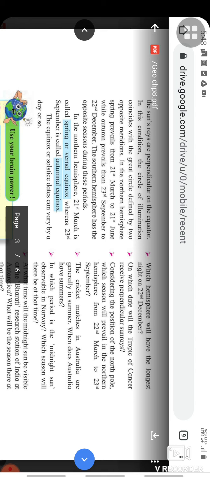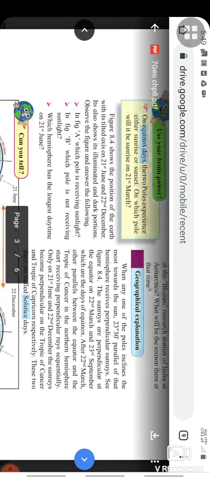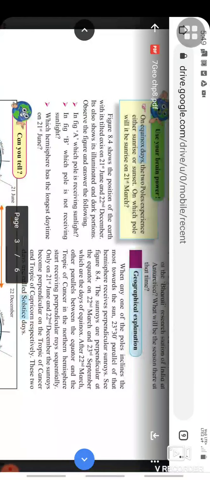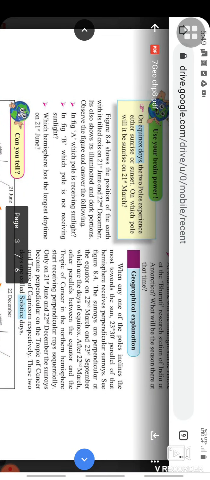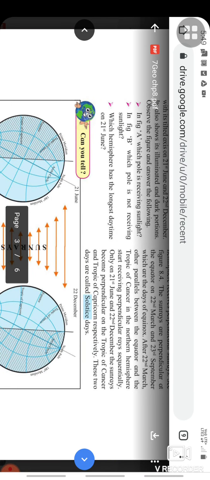For the geographical explanation, when any one of the poles inclines the most towards the sun, the 23 degree 30 minute parallel of that hemisphere receives perpendicular sun rays. If you see in figure 8.4, the sun rays are perpendicular at the equator on 22nd March and 23rd September, which are the days of equinox.